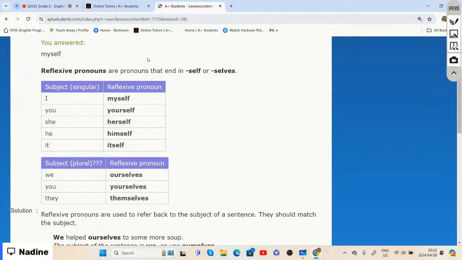And we see that reflexive pronouns end in "self" or "selves." If we're referring to singular subjects, we can use words like myself, yourself, herself, himself, or itself. And if we're referring to a plural subject, then we can use ourselves, yourselves, or themselves.